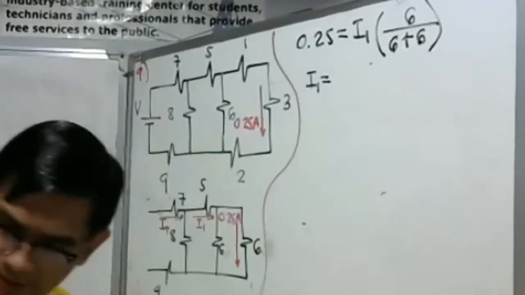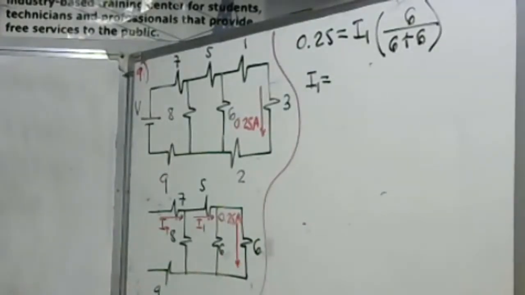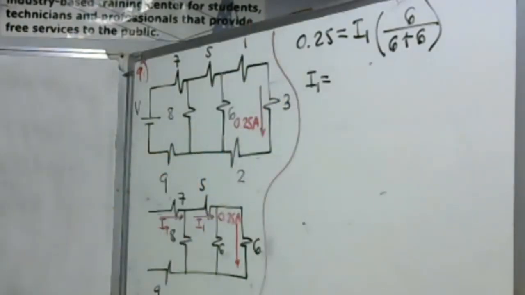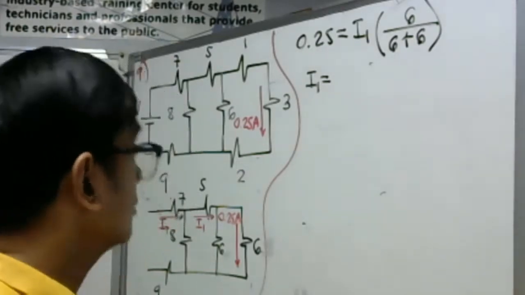What is our I1? 0.25 times 6 plus 6, so we have 12 times 12, then divided by 6. So the answer is 1/2 or 0.5. I1 is 0.5.